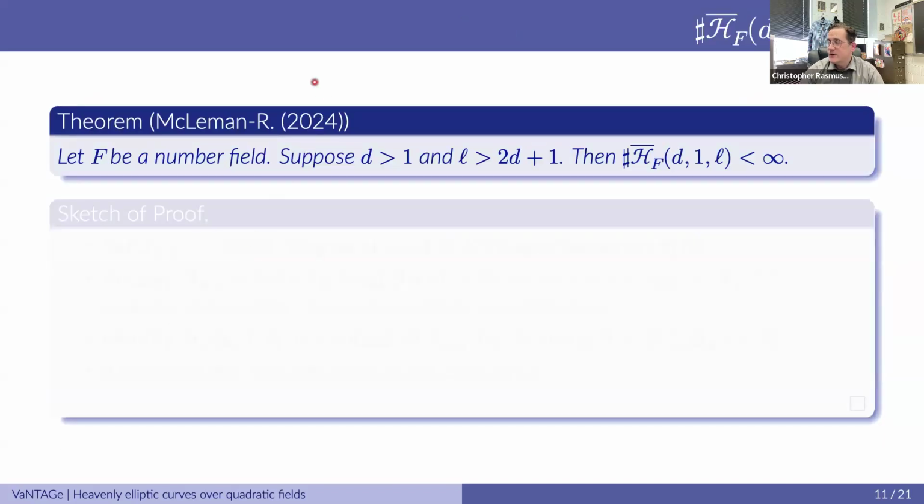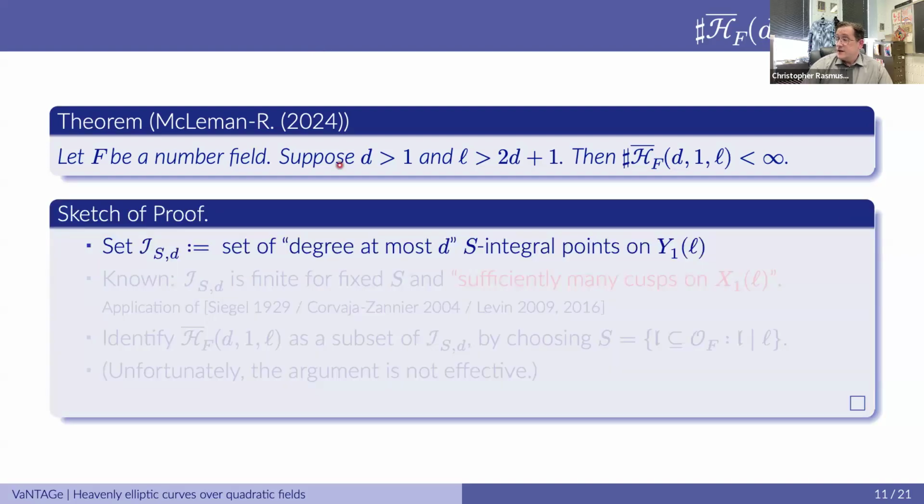Let me say a little bit about how we actually go about proving this result. The idea is to appeal to Levin's generalization of Siegel's classic theorem on integral points. So if we look at the modular curve Y1(L), we can define, for any choice of D and any finite set of primes S, a set I consisting of just the degree at most D S-integral points on this modular curve.